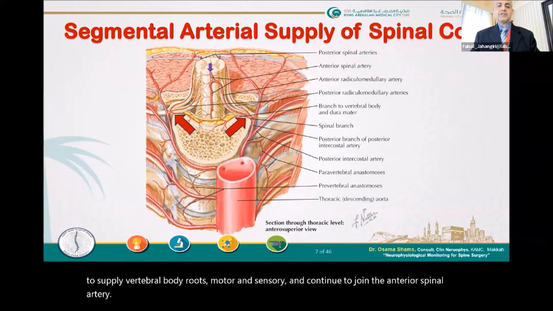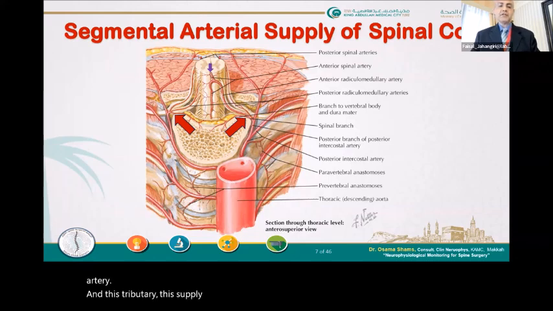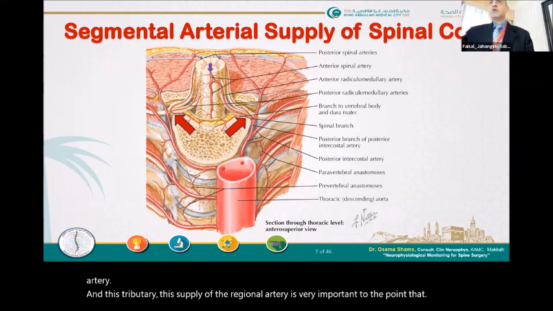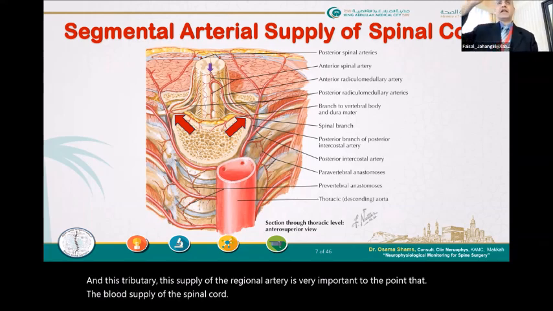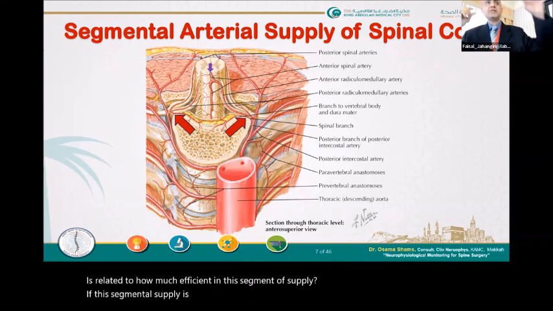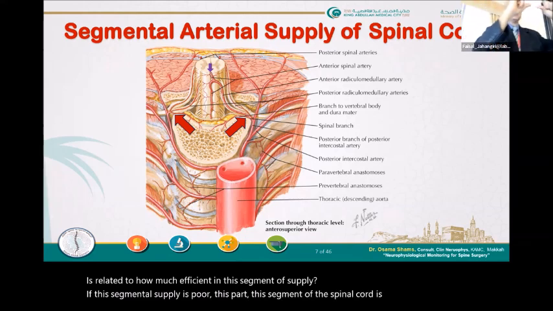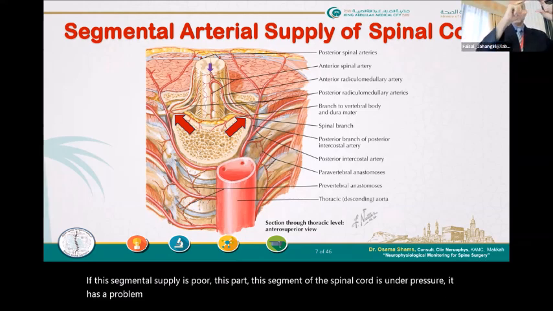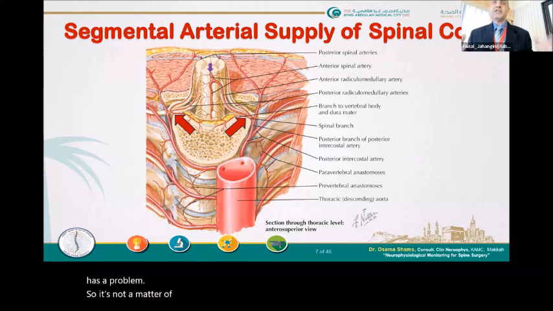This regional artery supply is very important to the point that the blood supply of the spinal cord is related to how efficient this segmental supply is. If this segmental supply is poor, this segment of the spinal cord is under pressure. It has a problem. So it's not a matter of general blood supply of the spinal cord, it's very segmental.